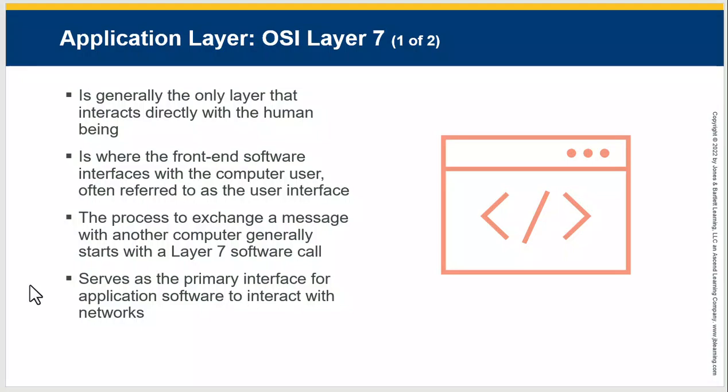Your layer 7 protocol is going to be FTP. But you don't actually have to type in the commands. You just click on the button and it says, are you sure you want to download this? Yes. And then the download commences. So all the real layer 7 commands are being executed in the background for you by the shell that you're using, like if you're using Google Chrome or whatever.